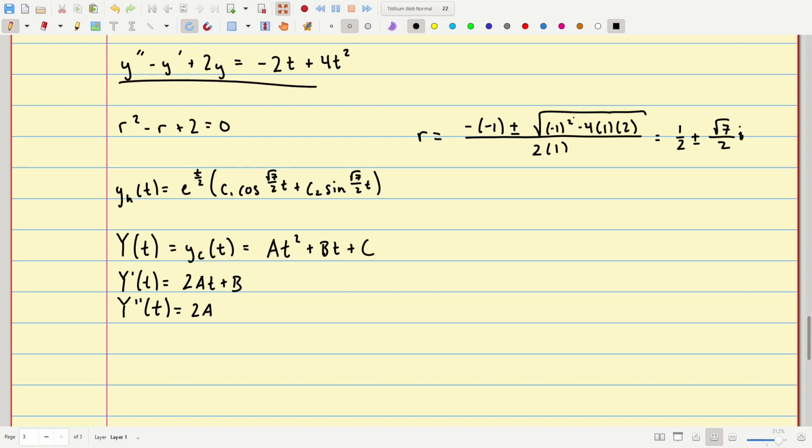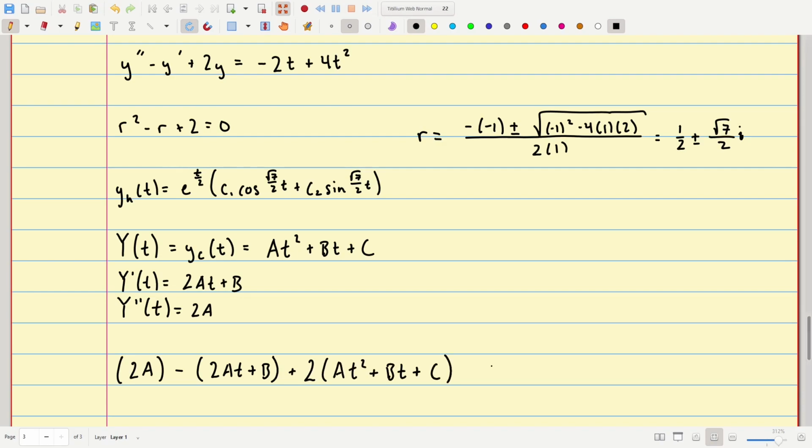And now we refer back to our original equation. So we replace y double prime with 2 times a, minus 2at plus b, making sure we use parentheses for y prime, and then 2 times at squared plus bt plus c to finish things off, and that equals our right-hand side.